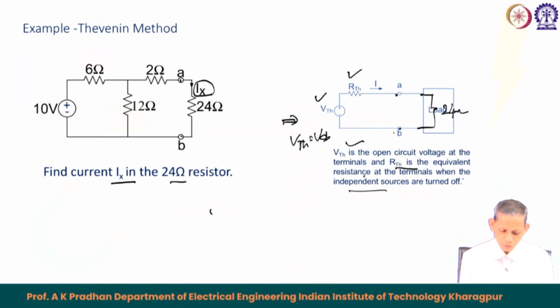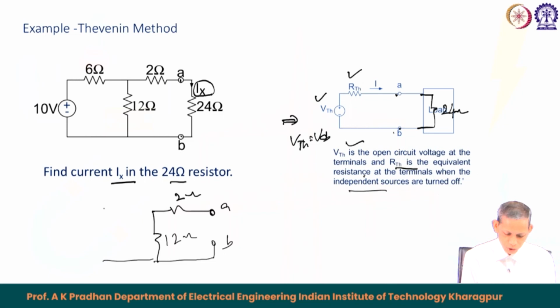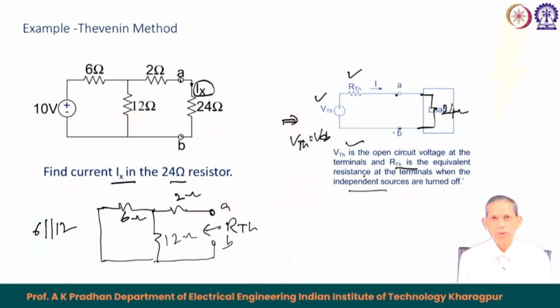RTH, when you look from the terminals AB, has the 2 ohm, this 12 ohm connected to the B side, and then we have 6 ohm here, with the source being shorted, turned off. So, RTH equals 2 in series with 6 and 12 in parallel. That becomes the corresponding RTH value for this case.